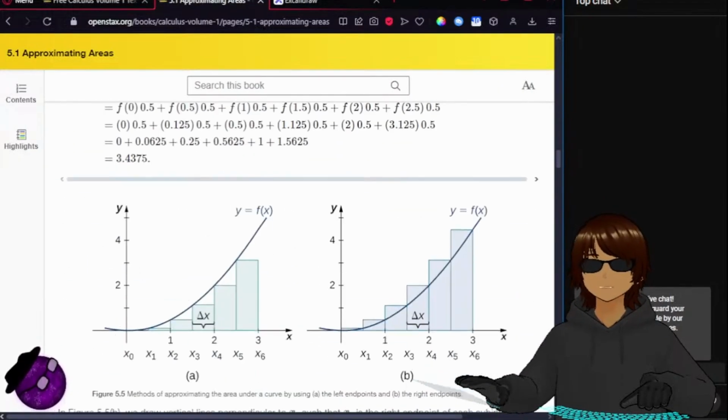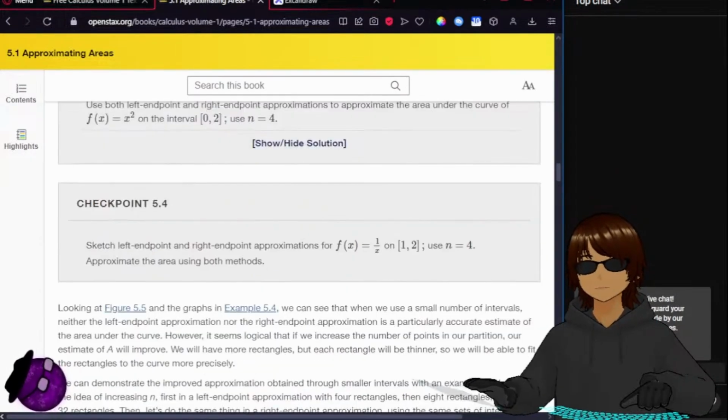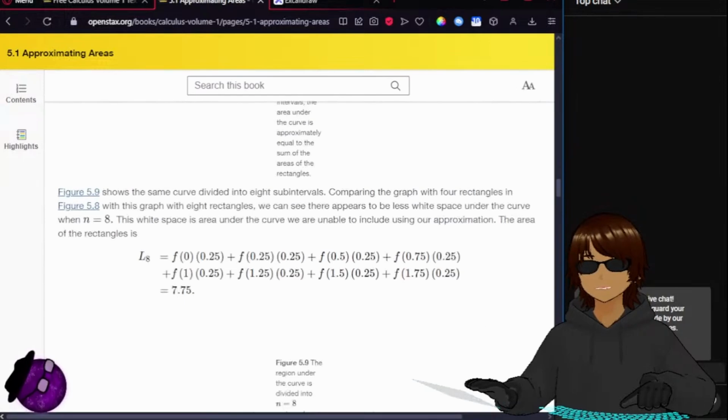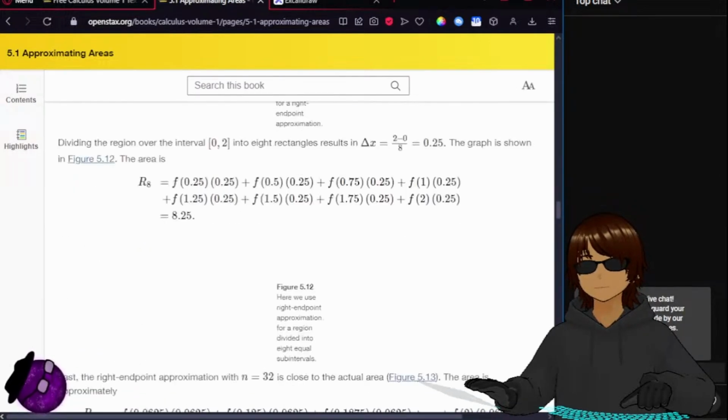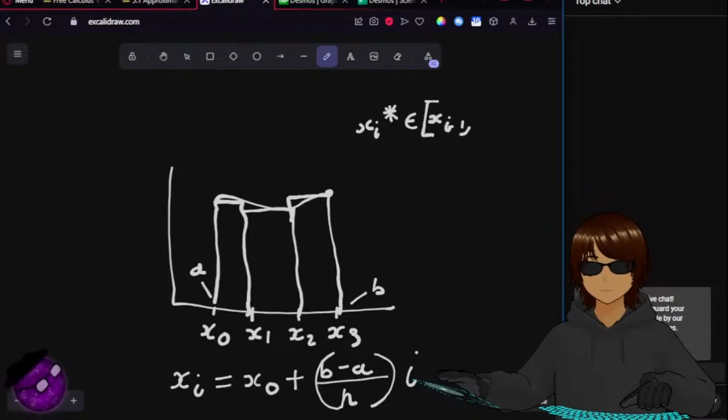Is there a midpoint also? I think that would also make sense. Sketch the right and left. xi star is somewhere between the previous xi and the current one.